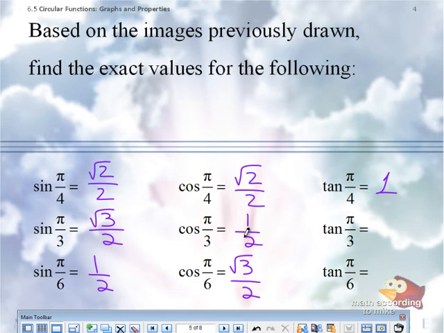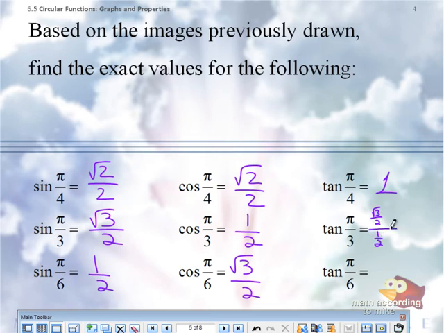Alright, so since tangent is just sine over cosine, what's the tangent of pi over 3? Careful. Sine over cosine. Yep, square root of 3, because the 2's would just cancel.